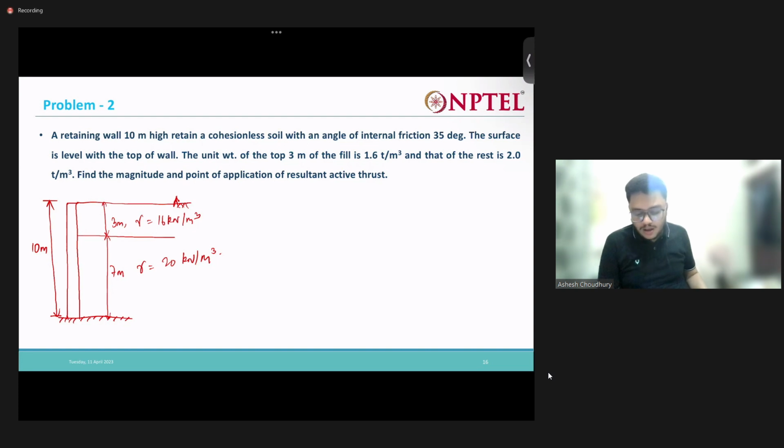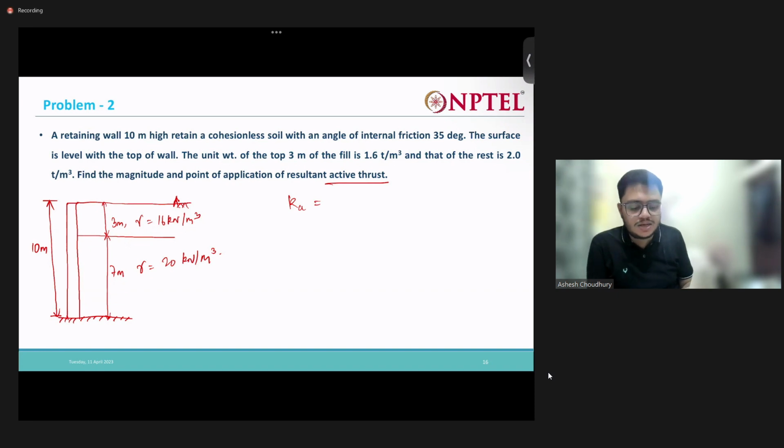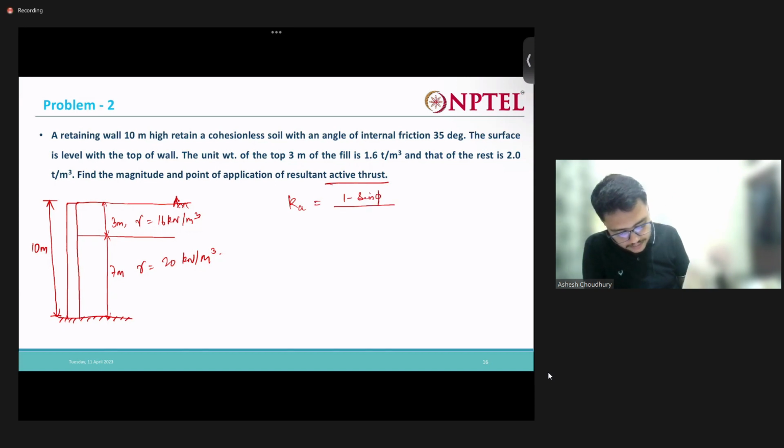So we need to determine the magnitude and the point of application of the resultant active thrust. Let us first determine our Ka, the coefficient of lateral earth pressure in the active case. It will be nothing but 1 minus sine phi by 1 plus sine phi.